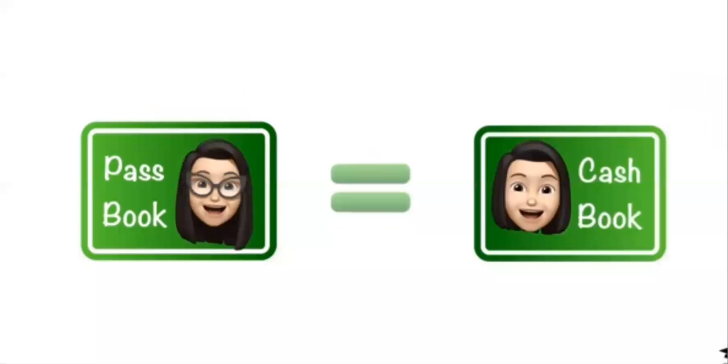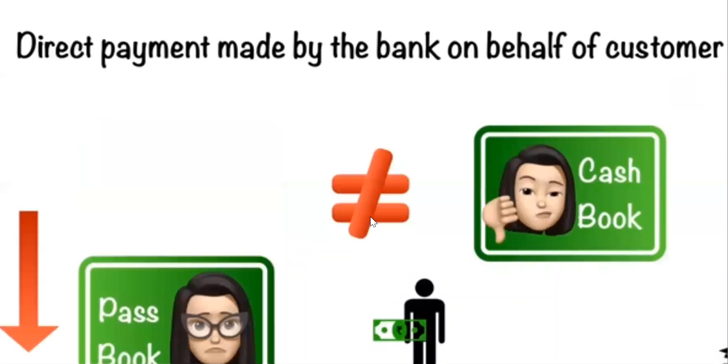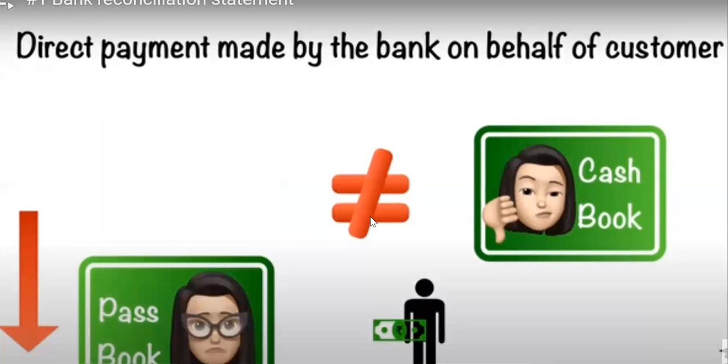The next character, direct payment made by the bank on behalf of the customer. This is the last character. Our passbook balance will decrease because of the direct payment.